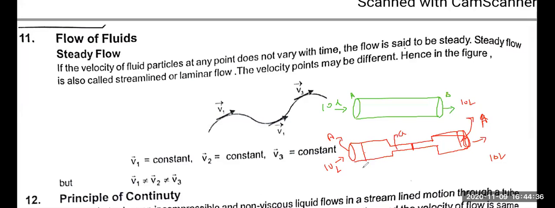Suppose the velocity here is v, and the velocity here is u. Where will the velocity of water be more, u or v? Tell me, u or v?